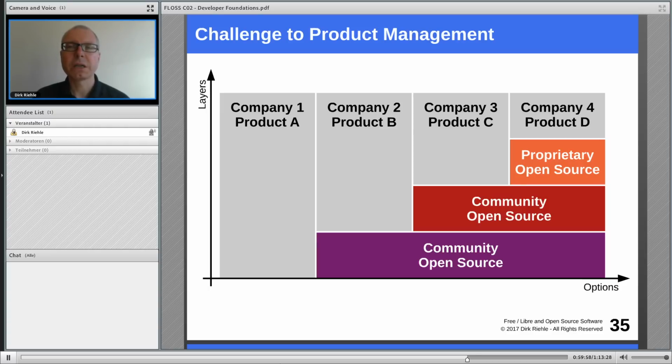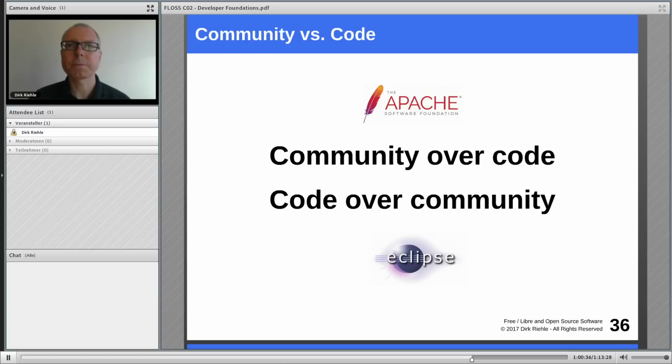So company 3 saves more costs and has a better offering, or has it more cheaply. And finally, company 4, I call it proprietary open source here, in some way keeps things proprietary and does not properly play the open source game. They may gain an advantage that way, but they may also be annoying the other people in the ecosystem, and maybe the foundation undercuts or prevents any such behavior.